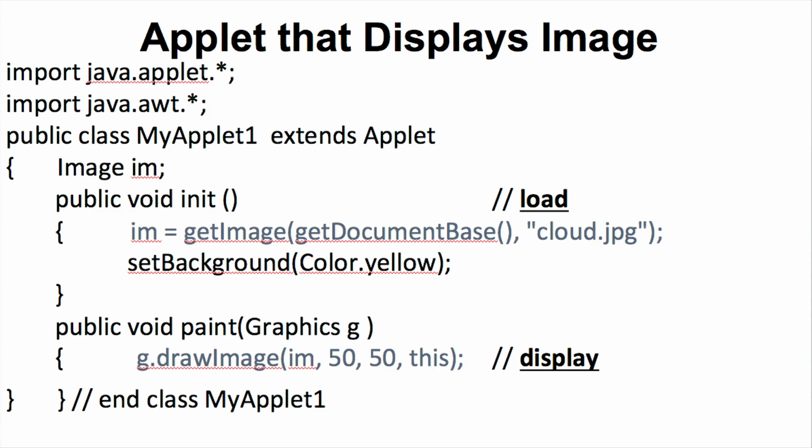At the 50, 50 coordinate we are drawing im. im is an object representing cloud.jpg, because we are using getDocumentBase, meaning we are getting the document cloud.jpg, and we are also using the getImage function. This way we can display any image over an applet.